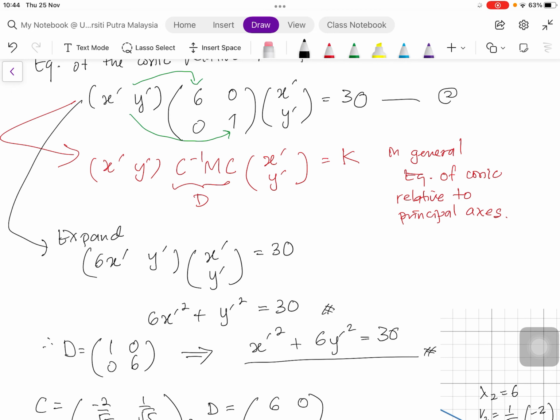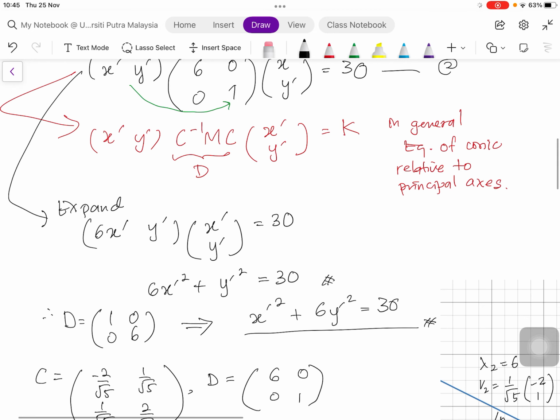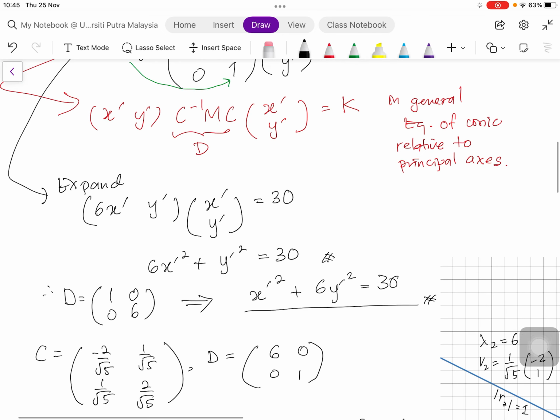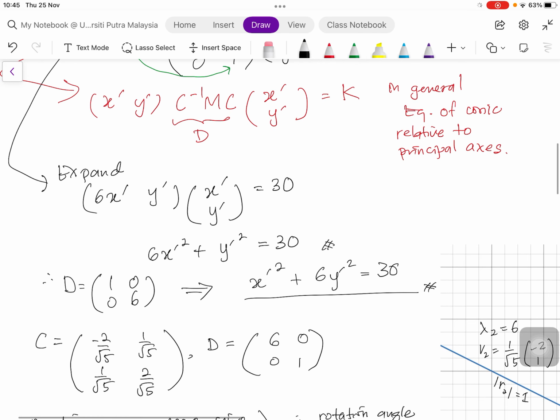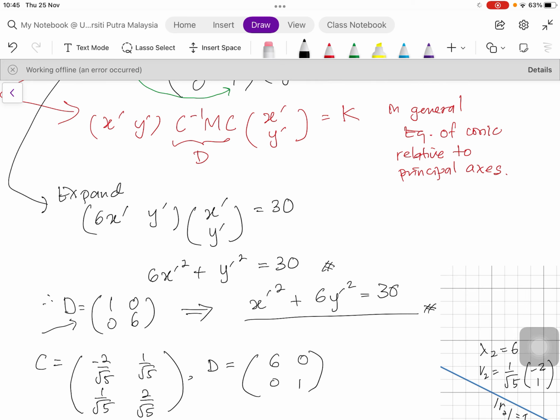If you choose a different order of your eigenvalues, then the equation will just change accordingly. So there are two ways of writing down the equation of the conic relative to the principal axis.